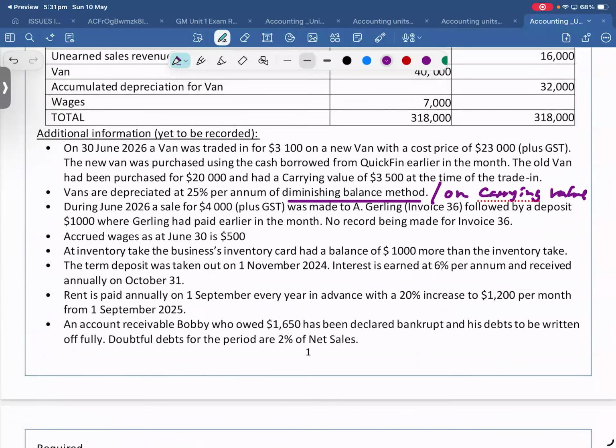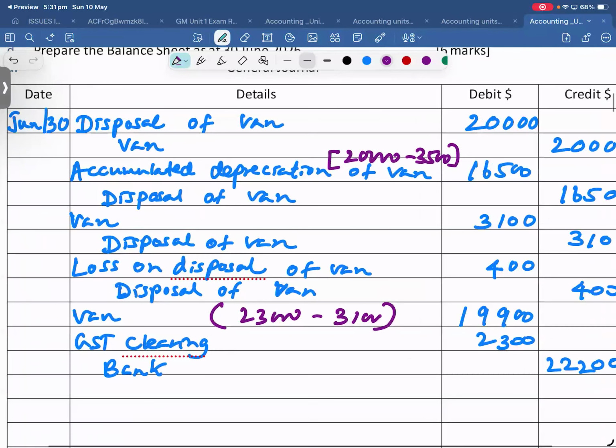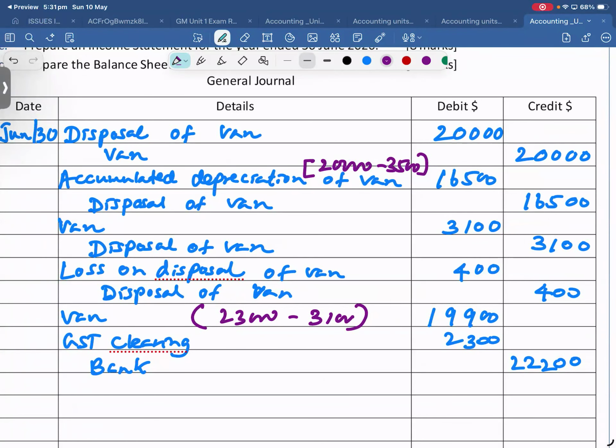Now we'll record the impacts on the trial balance. What is the net impact of this one? We did 5 sets of double entries. Loss on disposal, this one.